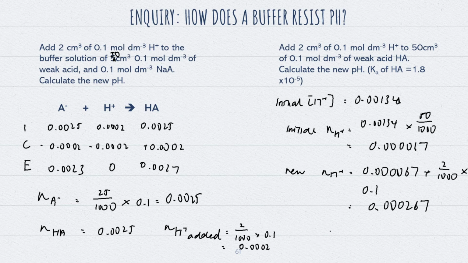So now the new concentration will be 0.00267 divided by 52 cm, 52 over 1000, which is 0.00513.